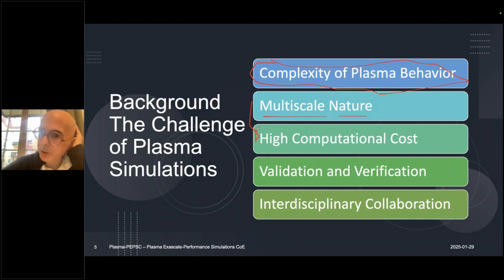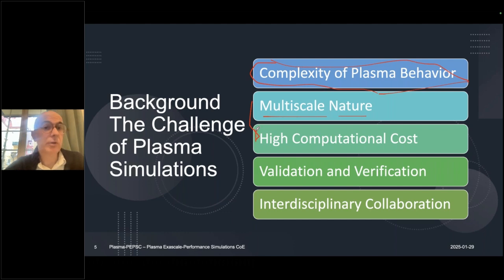As I said, we use a very advanced technique called a kinetic technique that aims at modeling the overall evolution of the distribution function. This often translates, for instance, to sampling the distribution function with computational particles and following the trajectory of all these computational particles.